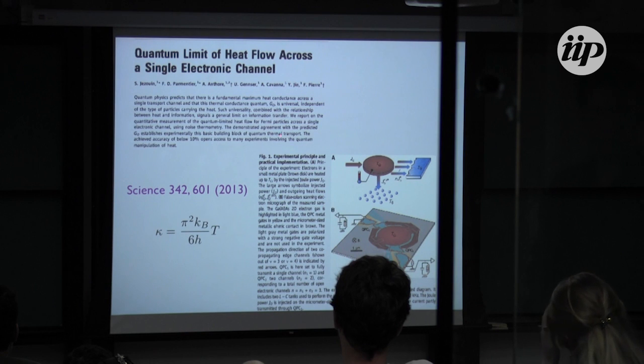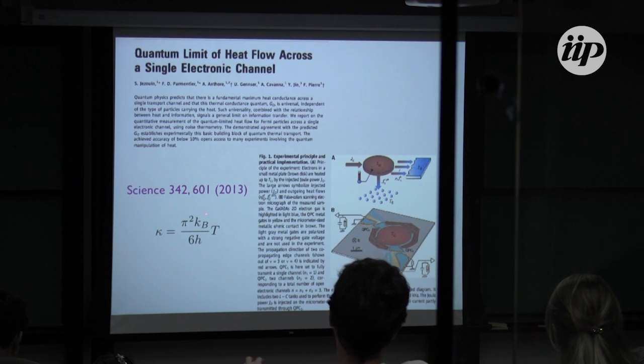This is one example in which also in a quantum Hall device, it was measured the thermal conductivity, and it was proved that this thermal conductivity is quantized and has this behavior which corresponds to exactly one electron channel.